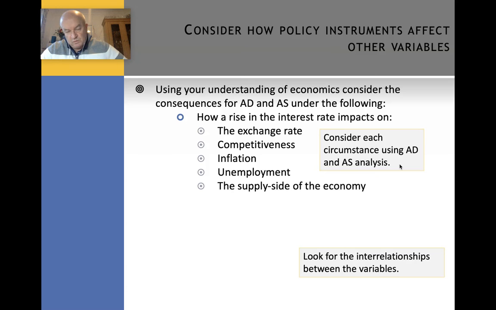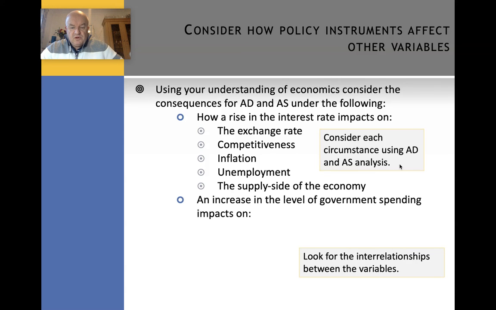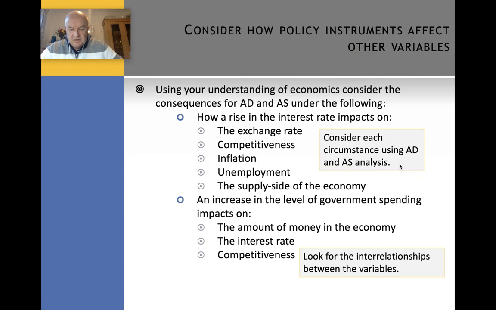One could argue that's quite a good structure to think about. If you had a question to do with a rise in interest rates, if you could consider each one of those and write a paragraph on each, that demonstrates you've got a significant handle on how policy instruments might affect AD and AS. Another example could be an increase in the level of government spending and how that might impact on the amount of money in the economy, the interest rate, competitiveness, inflation, and unemployment.